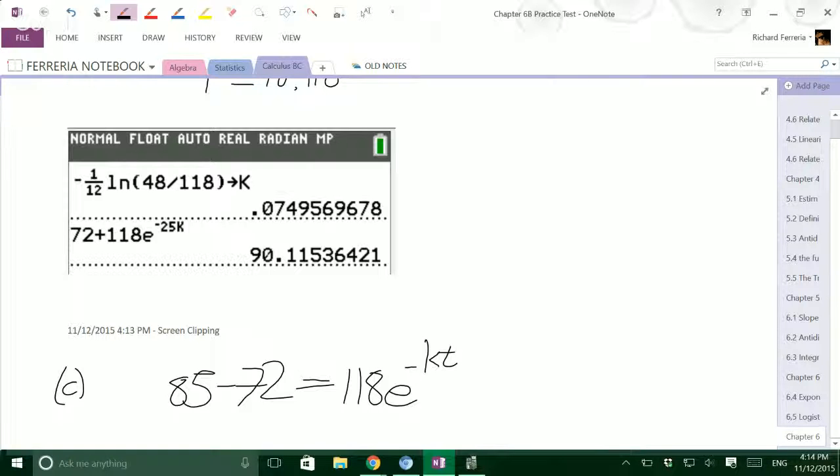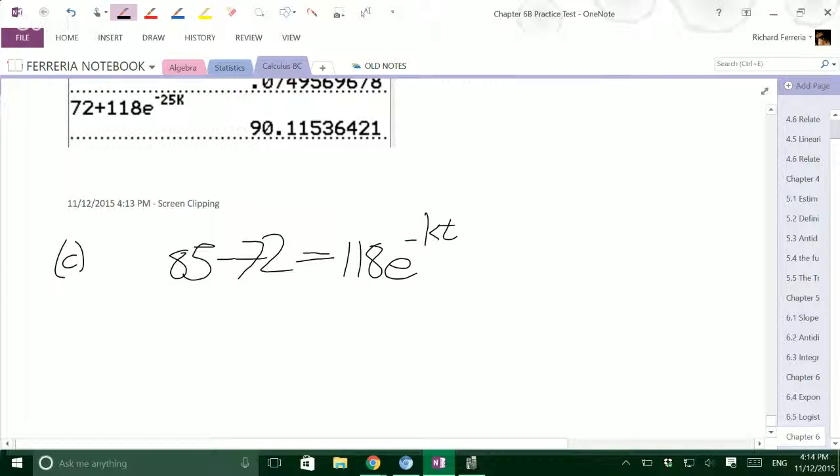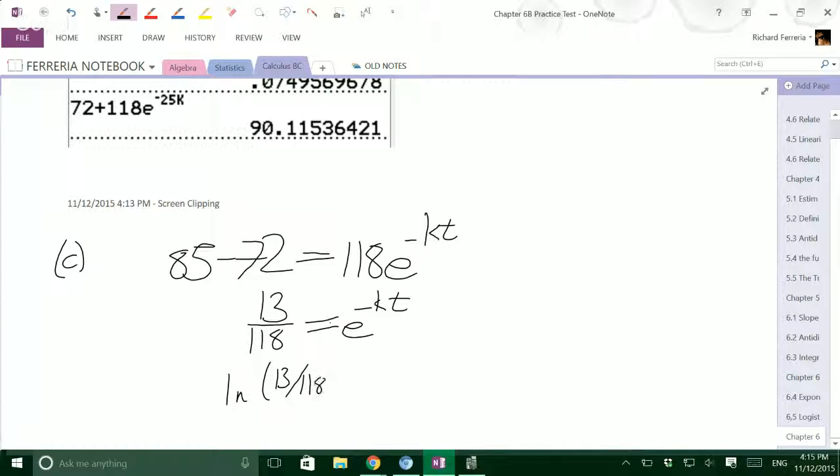Do some solving. 8 plus 5 is 13. 13 over 118 is negative kt.